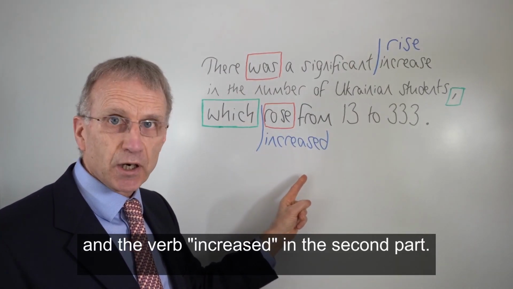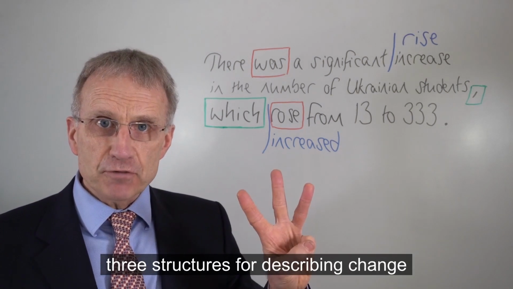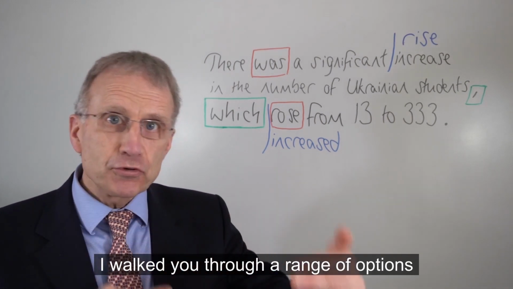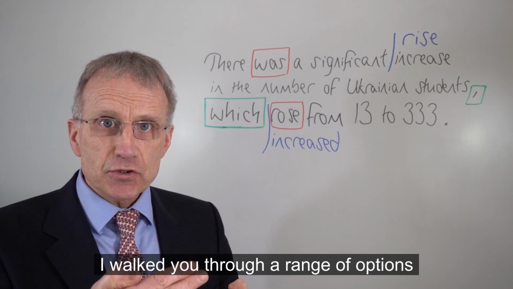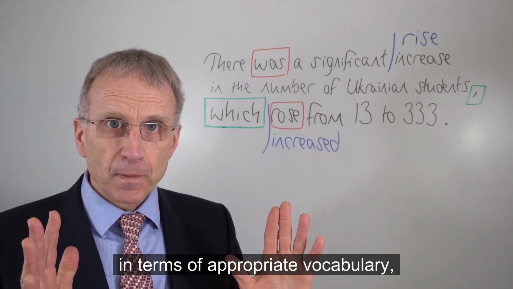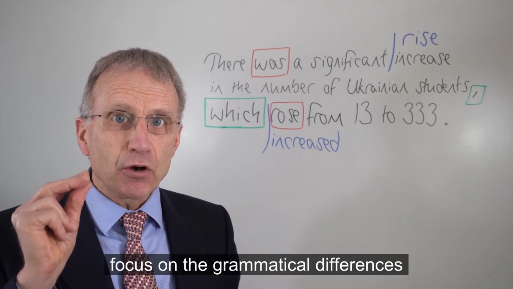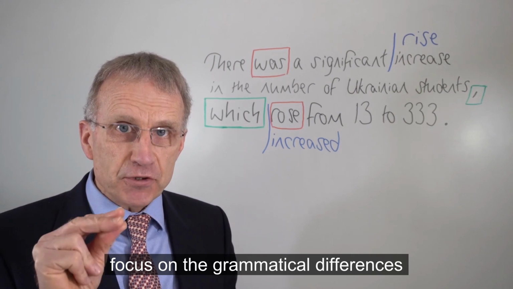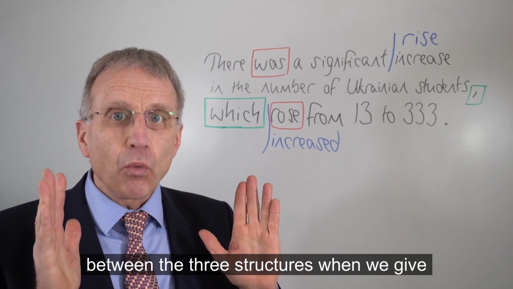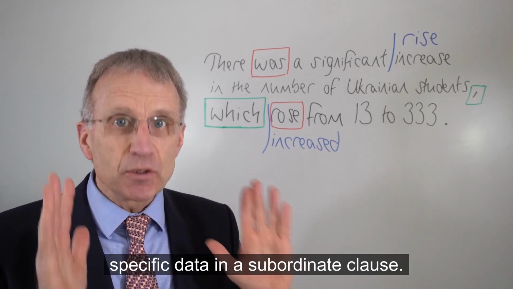In the earlier videos on the 3 structures for describing change, I walked you through a range of options in terms of appropriate vocabulary. And in this video, I want to focus on the grammatical differences between the 3 structures when we give specific data in a subordinate clause.